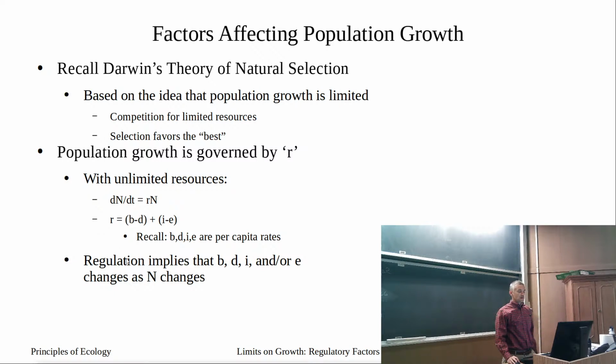It changes because we're going to start seeing a change in our birth rates, or our death rates, or our immigration rates, or our emigration rates. So the regulatory factors that are at work are going to produce a change in one or more of these per capita rates, and that has a direct effect on our intrinsic rate of growth, r.